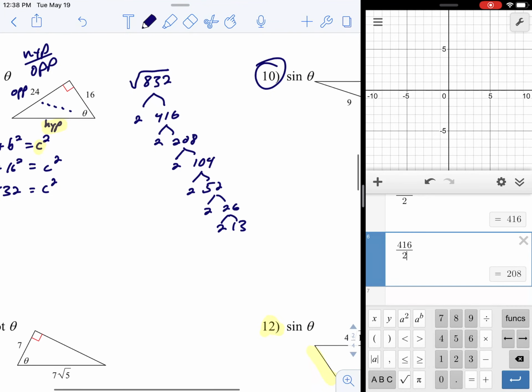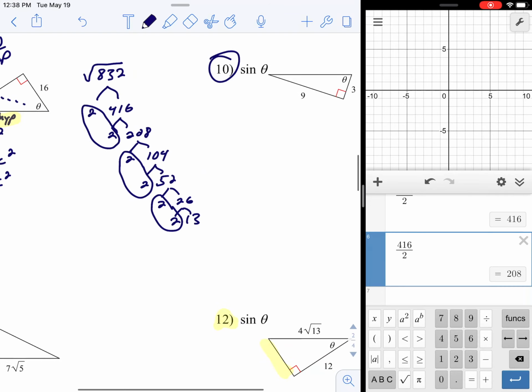So how do we simplify radicals? We got one pair of 2's, a second pair of 2's, a third pair of 2's. So that's going to be, running out of room here. Square root of 2 squared times 2 squared times 2 squared times 13.